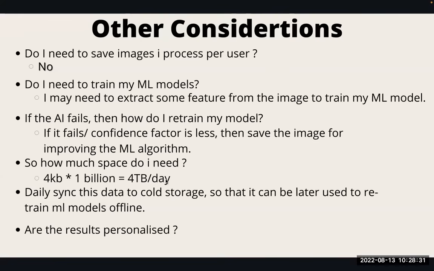So this data need not be stored online in a very hot database for which you are paying thousands of dollars to AWS or Azure to keep it up and running in real time. You don't need it there. You can store it in a file, in a notepad, right? That's called cold storage. And the good thing is that cold storage is dirt cheap, right?